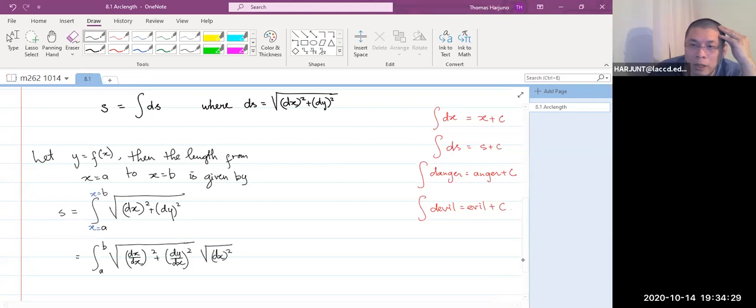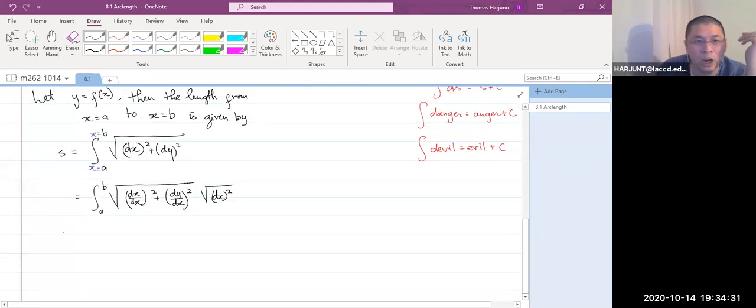Therefore, now I get the arc length for a function y equals f(x) from x equals a to x equals b: integral of square root of 1 plus (dy/dx) squared dx.